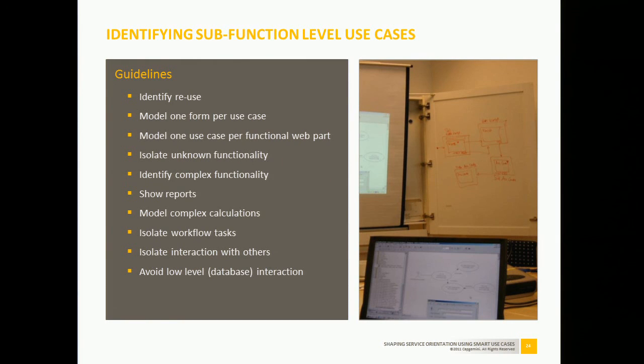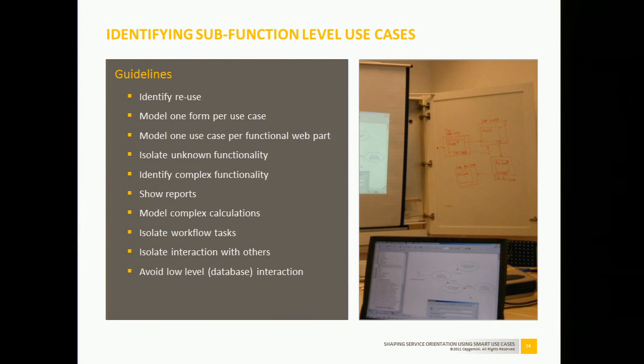The next question would probably be, if I am at the sea level use case, like the register call use case, how do I get to the next level? What we did over the years is come up with a number of guidelines that will help you identify these sub-function level or fish level use cases.